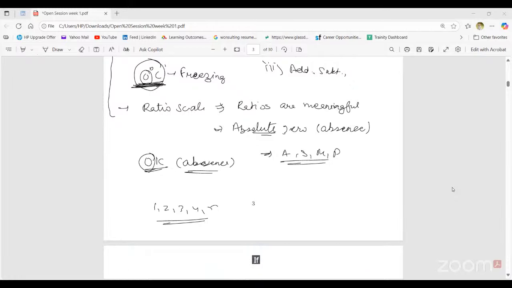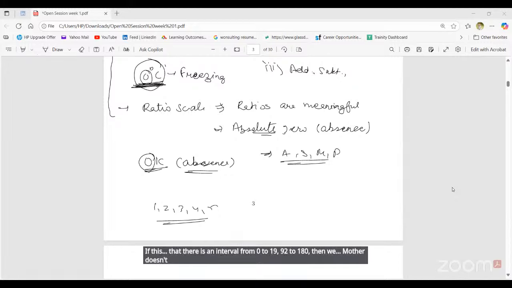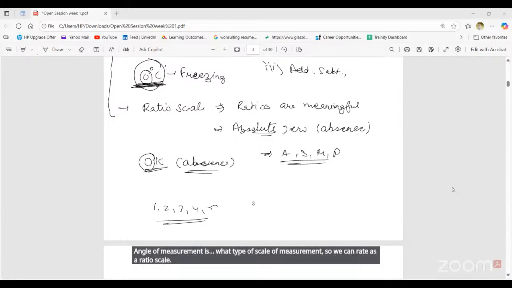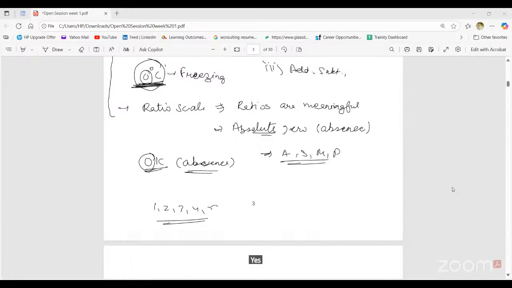If it says there is an interval from 0 to 90 and 90 to 180, then we mark it as interval. If it only says angle of measurement is what type of scale of measurement, we can mark it as a ratio scale. Yes. It's a better way to think about it.